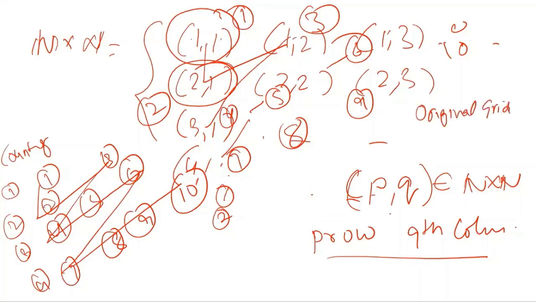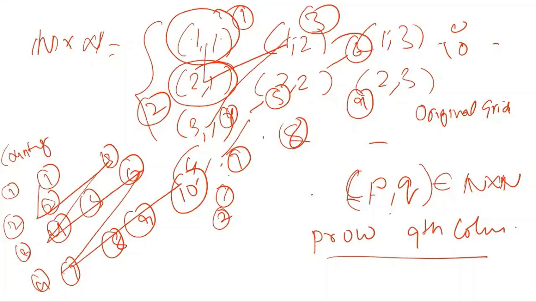In the counting grid, the rows are such that every element has the same summation. In the first row, you can see (1, 1), it has 1 plus 1, 2. In the second row, it is (2, 1) and (1, 2), so both sum to 3.